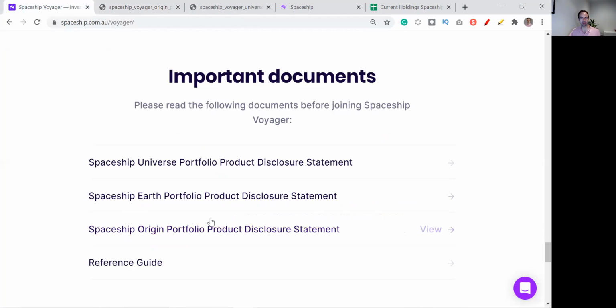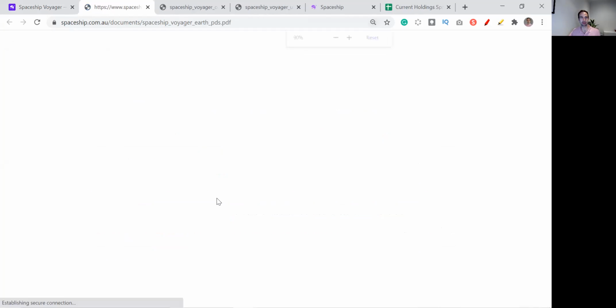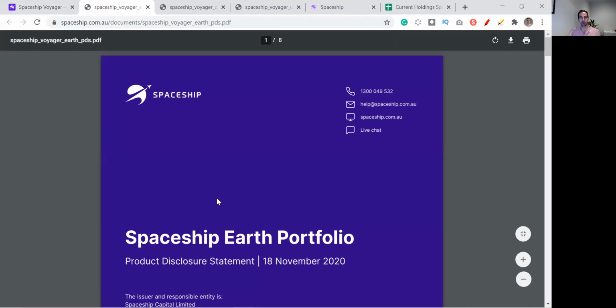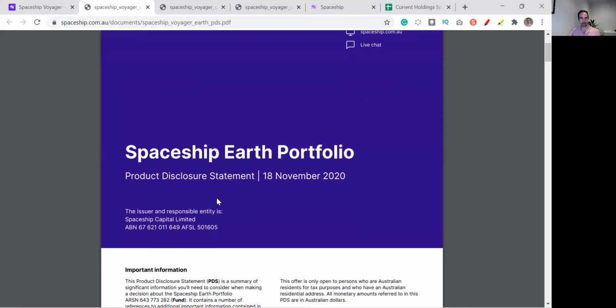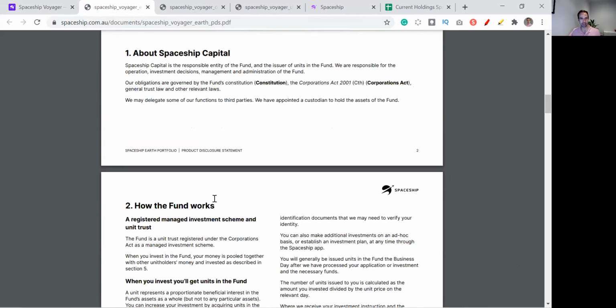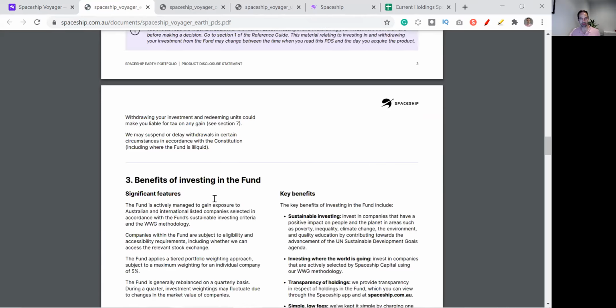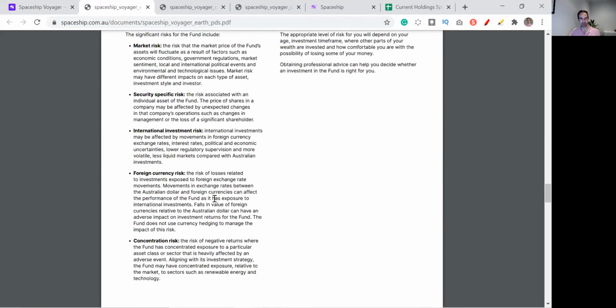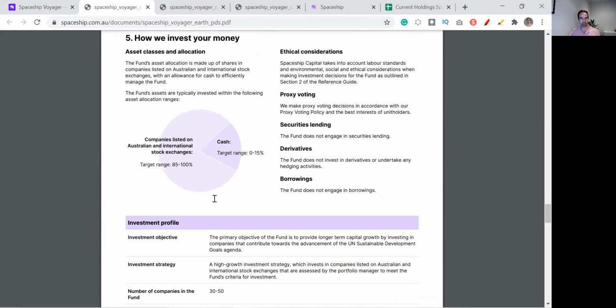And let's have a quick look into the PDS from the Earth portfolio. Again, it's a new portfolio, and I don't know a lot of details about them as yet, but we're going to find out soon. So scrolling down again to the part that is interesting to us. Here we go. This looks a little bit different to what we saw in the other two statements. Companies listed in Australia and internationally, so they have just put it together.